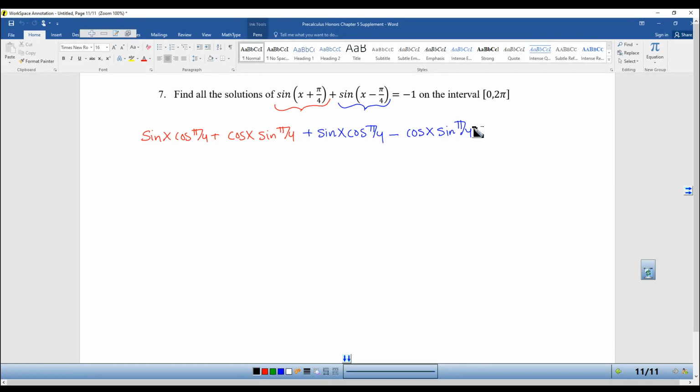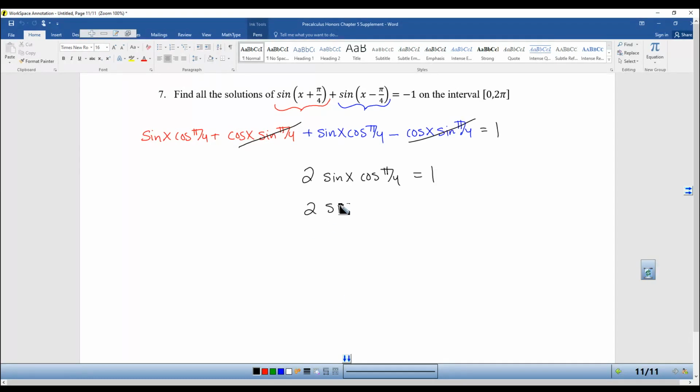And all that is going to be equal to 1. Now, fortunately, something good does happen right away. These two are the same, so I can cancel them. And then these two are also the same. So now I can say I have 2 sine x cosine of pi fourths is equal to 1.